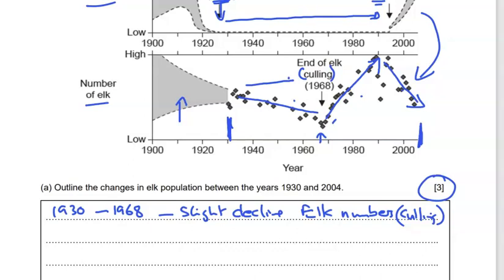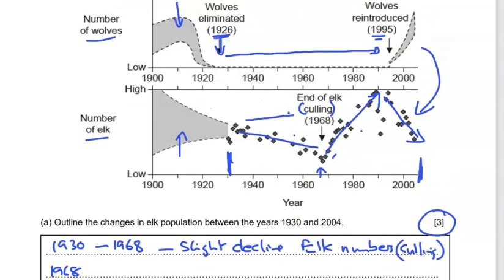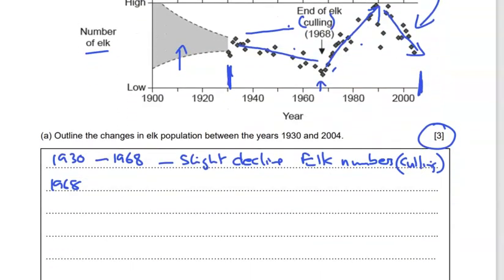The next phase is 1968 through to 1995, and here we have an increase in elk population, and that's because there's no culling. We're not actually being asked for an explanation here, just to give the broad overview.